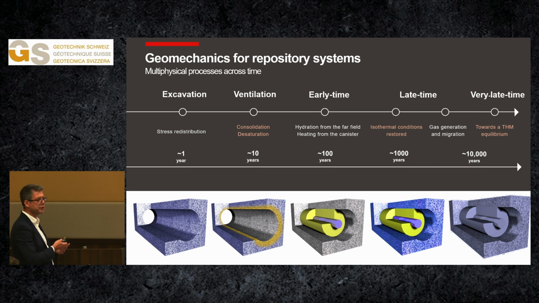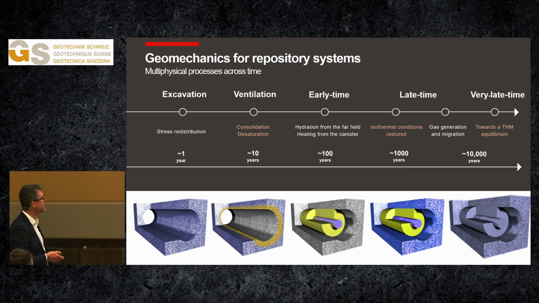First we start from the excavation, and already excavating tunnels in Opalinus clay means that we expose the material to air. 180 million years ago the material sedimented, so for this duration the material has essentially been saturated underwater, and now for the first time we are putting air into it, so a lot of processes will occur, like excavation damage zone creation by the stress released, but there is also ventilation, so the material can dry, and this has to be taken into account for the design of the tunnels. But we will hear about this in the presentation today.